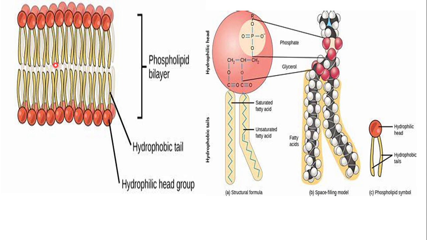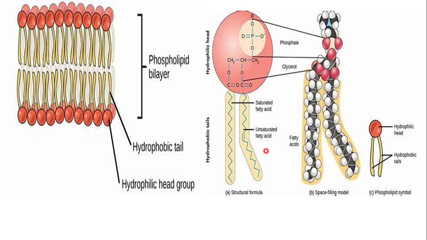Now this is the phospholipid bilayer. We have a phospholipid here and another phospholipid, just that they are inverted. The tails are meeting, so it's a bilayer. The inner part is the hydrophobic part, and the outer part is what we are seeing as polar.